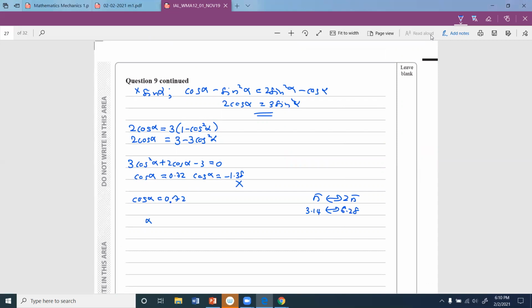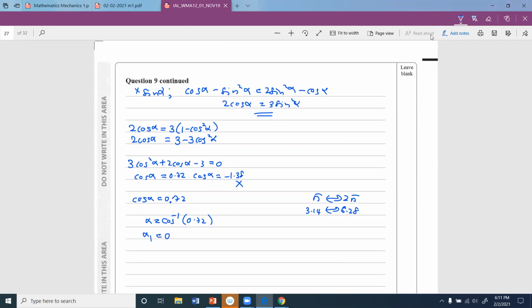Then you can say alpha equals cos inverse 0.72. Sorry, it's in radian mode. You need to get it. 0.766.